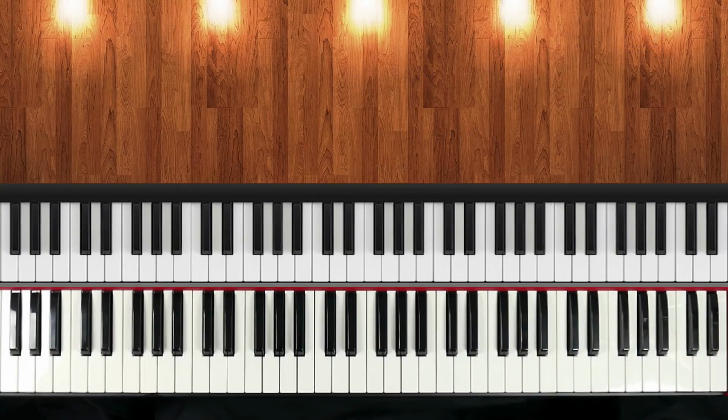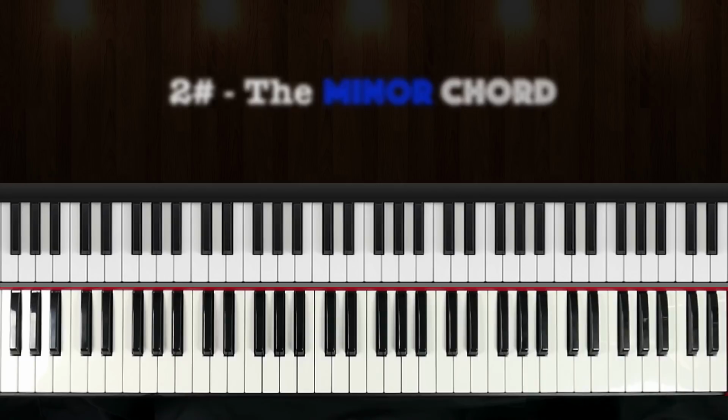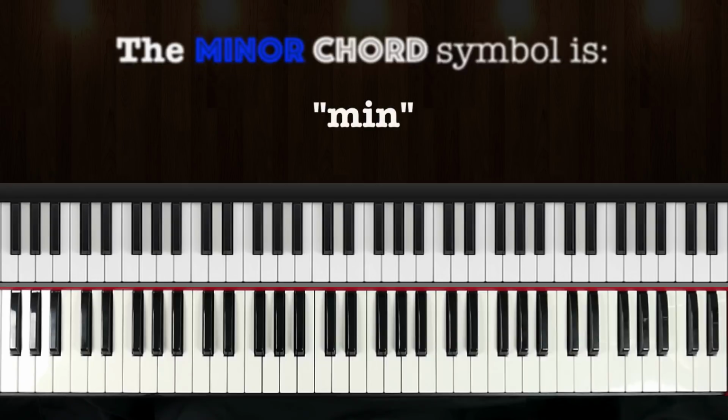Okay, so next we have a chord that is used in nearly every song, and that is the minor chord. Now the minor chord, much like its cousin, the major chord, can be found easily if you know the minor scale. So the symbol for minor chord is M-I-N, or sometimes a lowercase m if it's put next to another symbol.